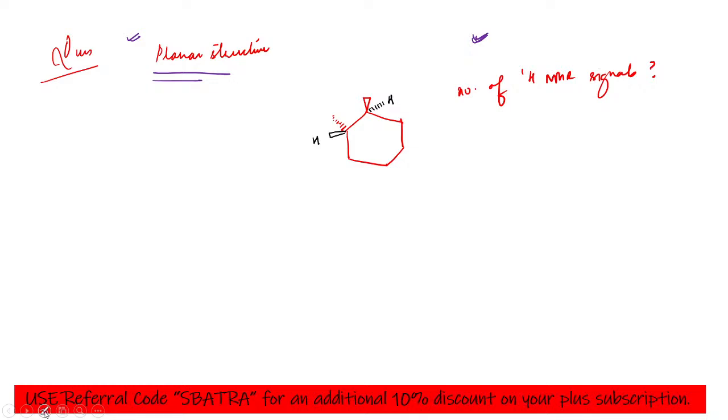So if I have to calculate the number of signals, there are two hydrogens over here, okay? So there are two hydrogens, and what is the relationship of these two hydrogens? Anyone? What is the relationship of these two hydrogens, the ones which I wrote in blue ink?